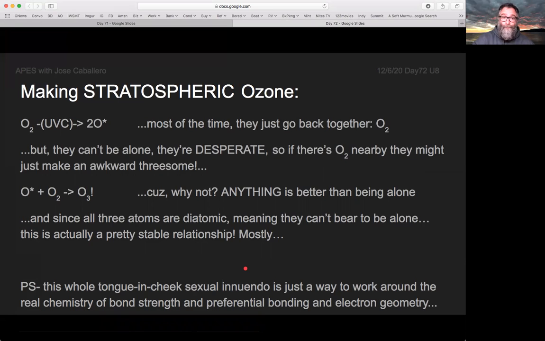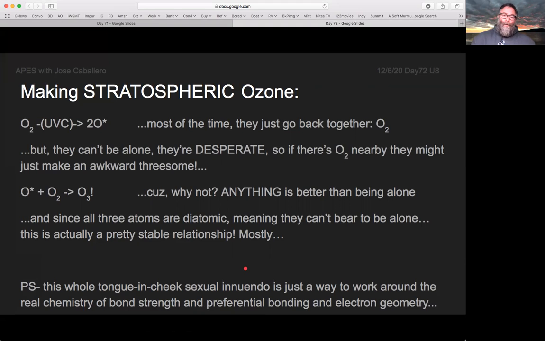You should know that oxygen 2 is more stable than oxygen 3. And since we don't have the time to explain the real chemistry of that, you can just imagine that, you know, threesomes are a lot of work. These guys are all going to be distracted. They're always trying to divide their attention between two others. And this guy can just focus on the other guy, and they're a much stronger bond.